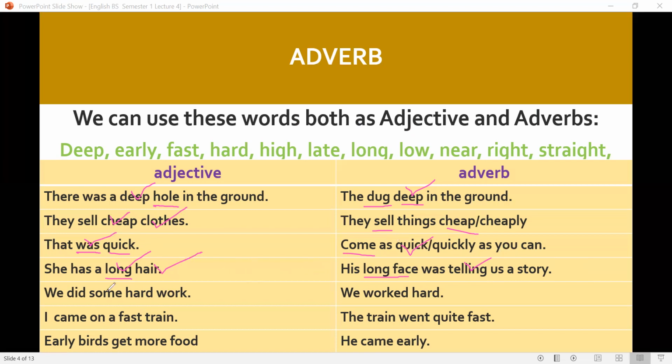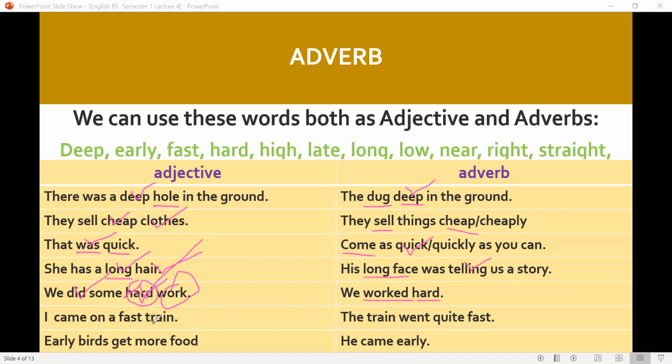We did some hard work. Hard comes before work. Work is a noun. Hard comes before a noun. So here it is an adjective. We worked hard. Worked is a verb. Hard comes after that, describing the verb. So here it is an adverb.